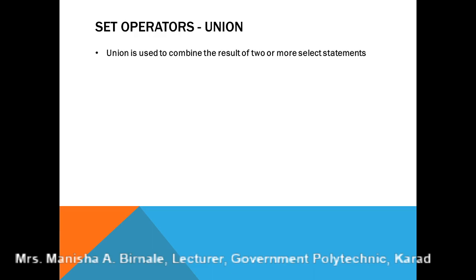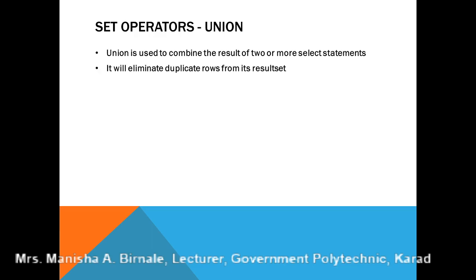This union is used to combine the result of two or more select statements. It means you can combine two or more select statements using the operator union. This operator will take the union of the results of those select statements.